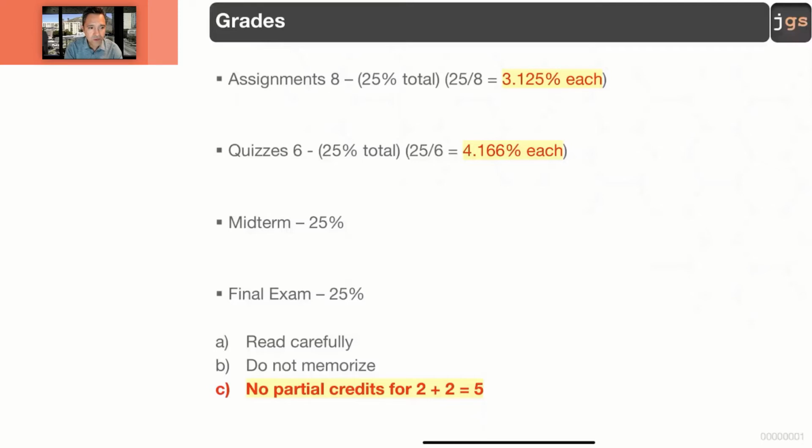So if you want to do the average and then apply the 25%, or if you want to calculate one by one, just be aware of these numbers. Any questions that you could have regarding how to calculate this, please contact the TAs. They can help you with the maths of the percentages.